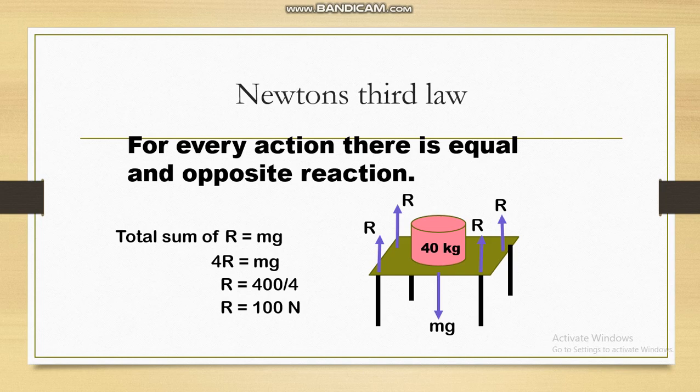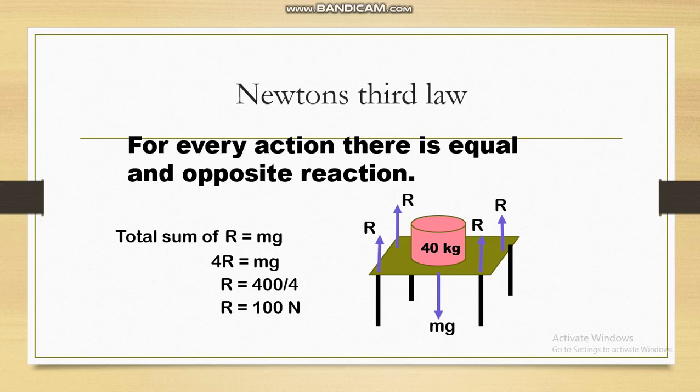Newton's third law of motion states that for every action there is an equal and opposite reaction. That means if you have a table and an object of 40 kilograms on the table, 40 kilograms is equivalent to 400 newtons. Therefore, the action on the table is 400 newtons.